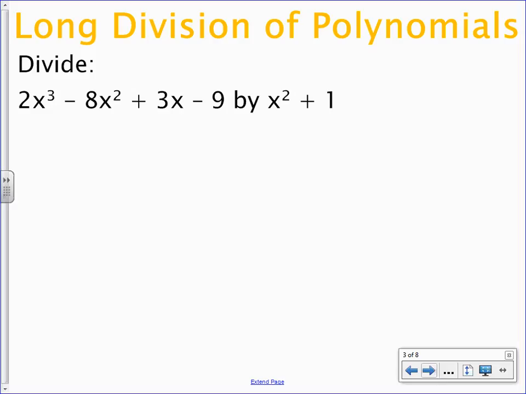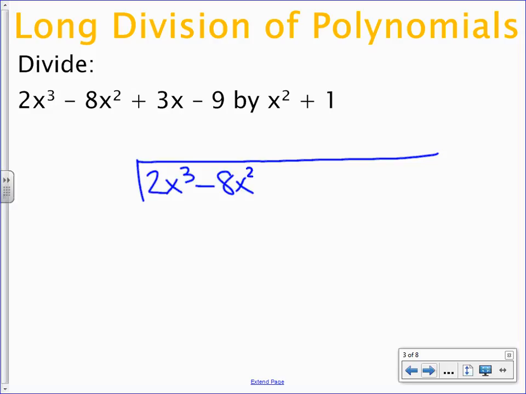So our dividend is 2x cubed minus 8x squared plus 3x minus 9. This is something I wanted to talk about because of the divisor, x squared plus 1.